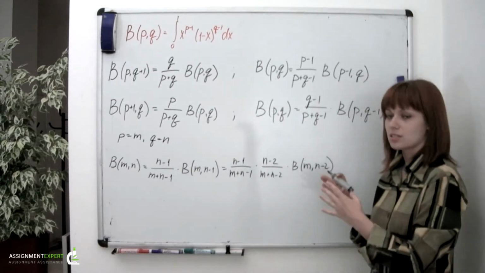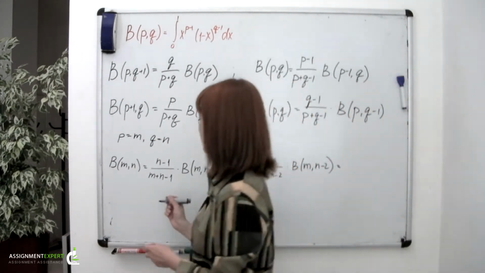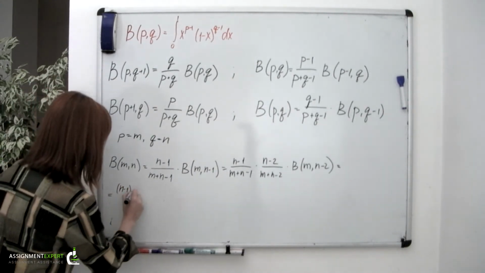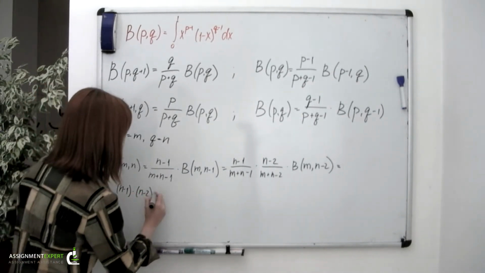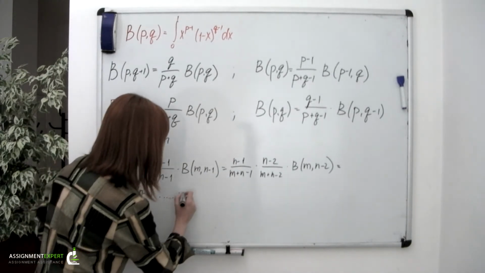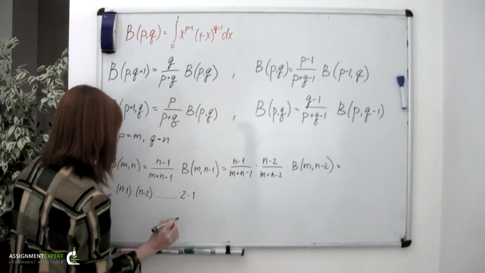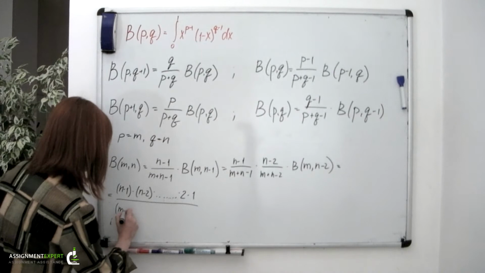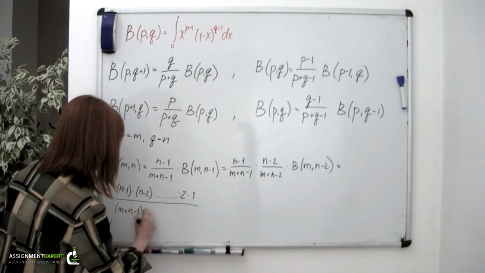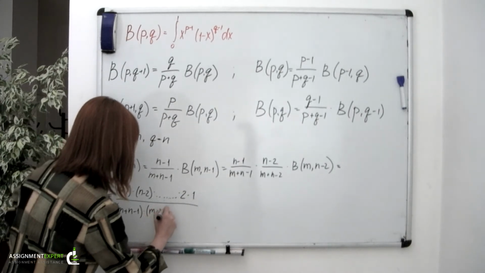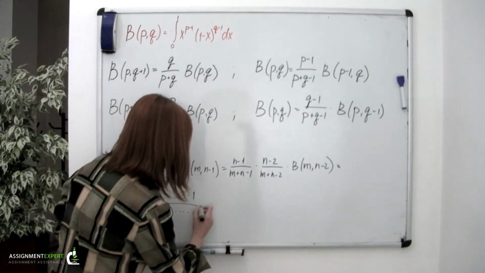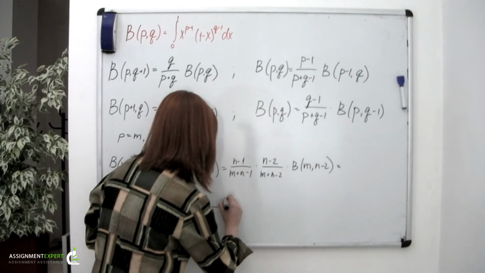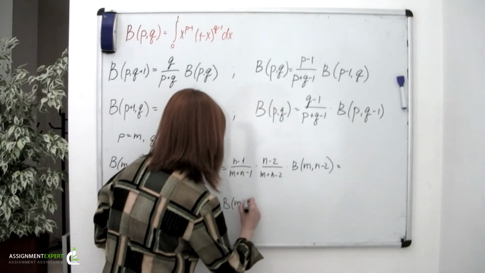If we apply this formula consecutively, we'll obtain the following. (n minus 1) times (n minus 2) times ... times 2 and times 1, over (m plus n minus 1) times (m plus n minus 2) times ... times (m plus 1), times beta of m and 1.